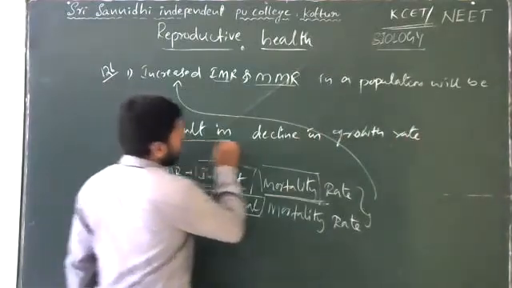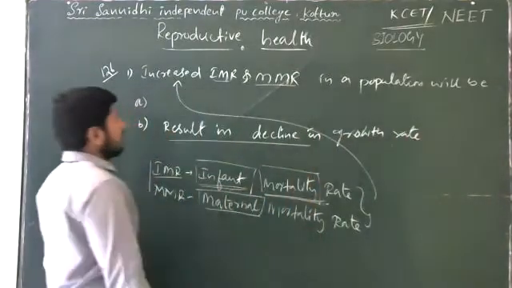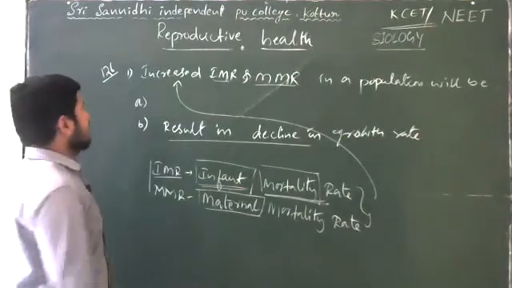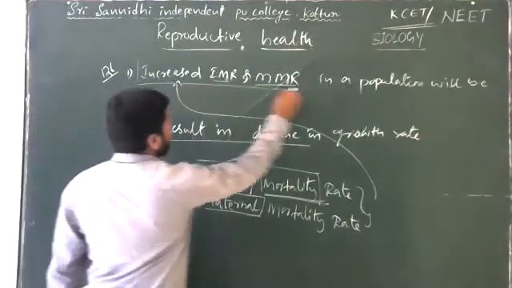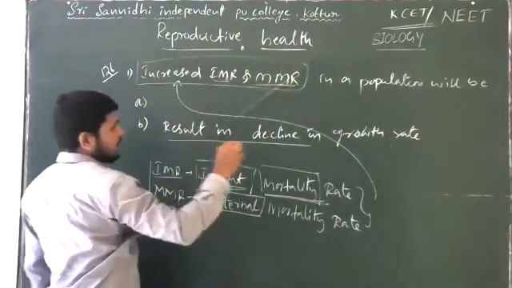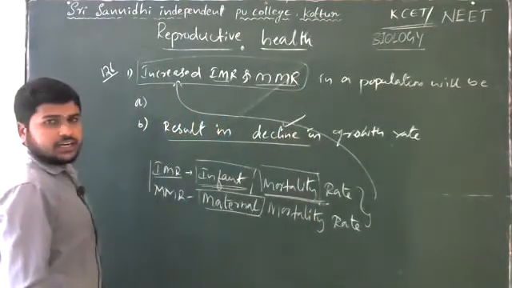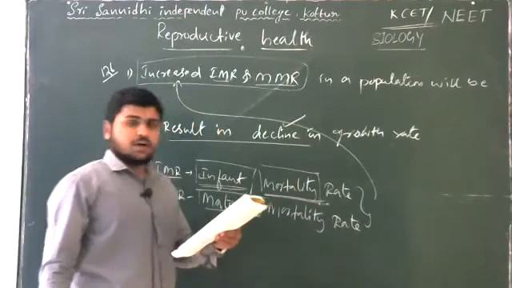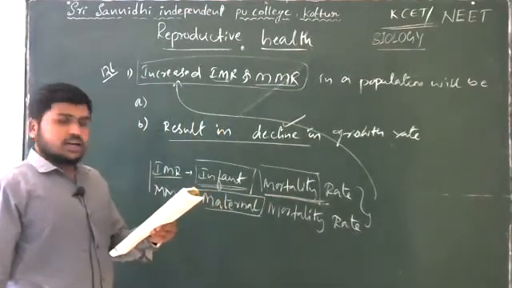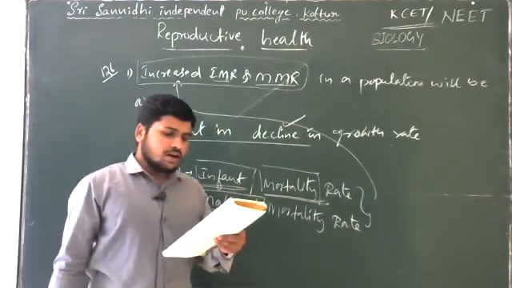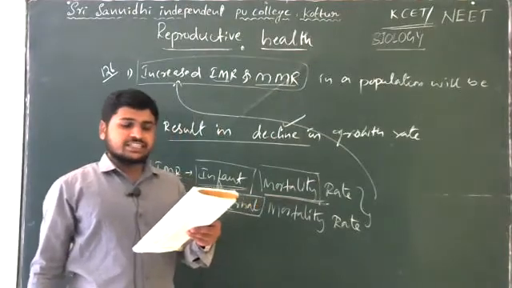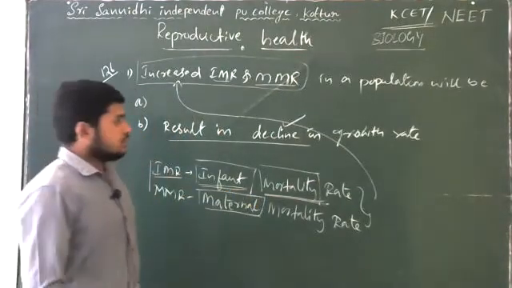That means in the population, if IMR and MMR increase, automatically the growth rate will decrease. So the third option, not cause significant changes in growth rate, is not the answer.